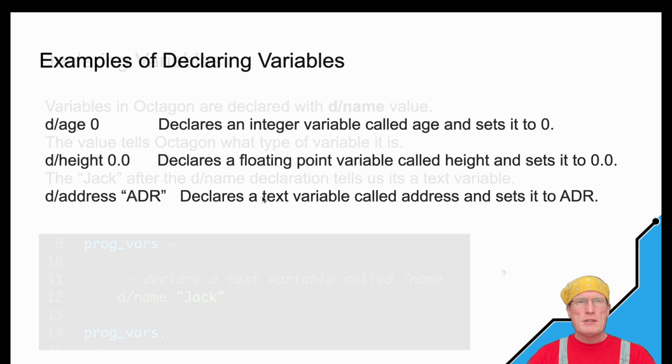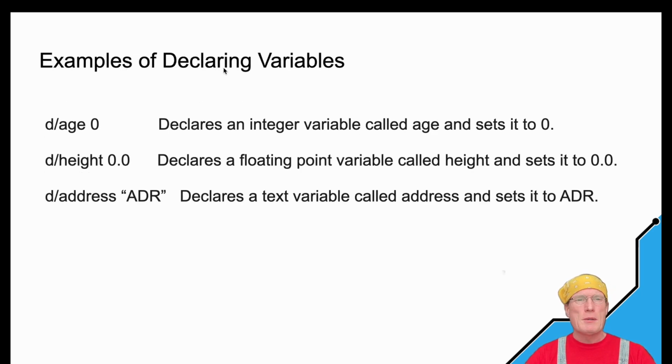Here are some other examples of declaring different types of variable. For example, we have D slash age and we're setting it to 0. That creates an integer variable called age and sets its value to 0. By setting its value to 0 with no decimal point, we're telling Octagon that it's going to be an integer.